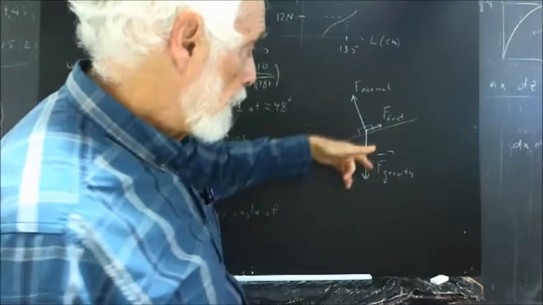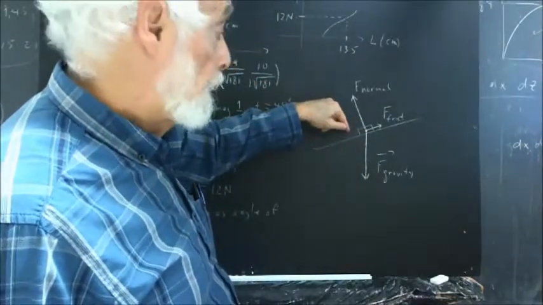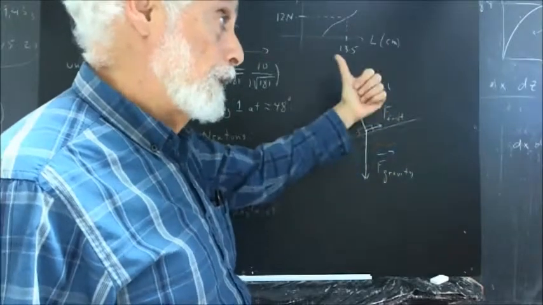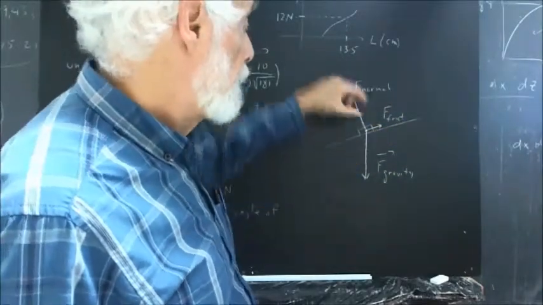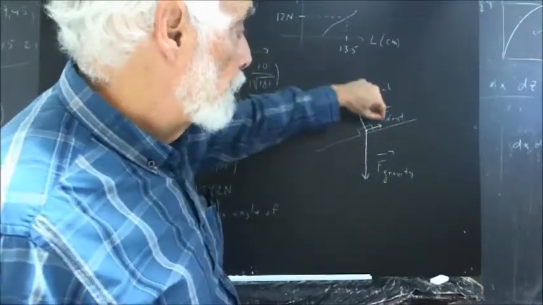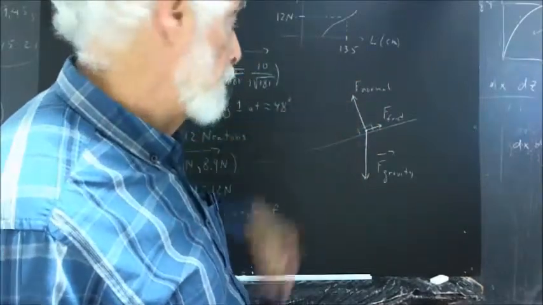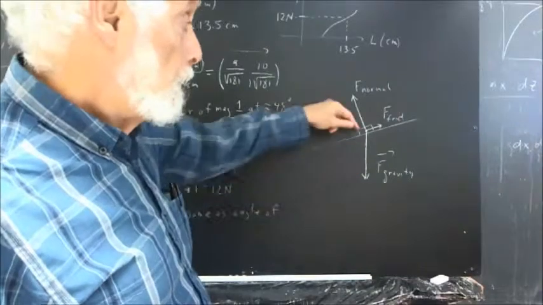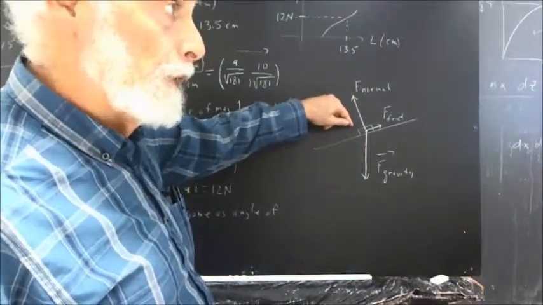In response to the other forces on it, the incline exerts a force perpendicular to its surface. And these three forces, if we add up their components, are going to add up to 0 whenever the domino is stationary.